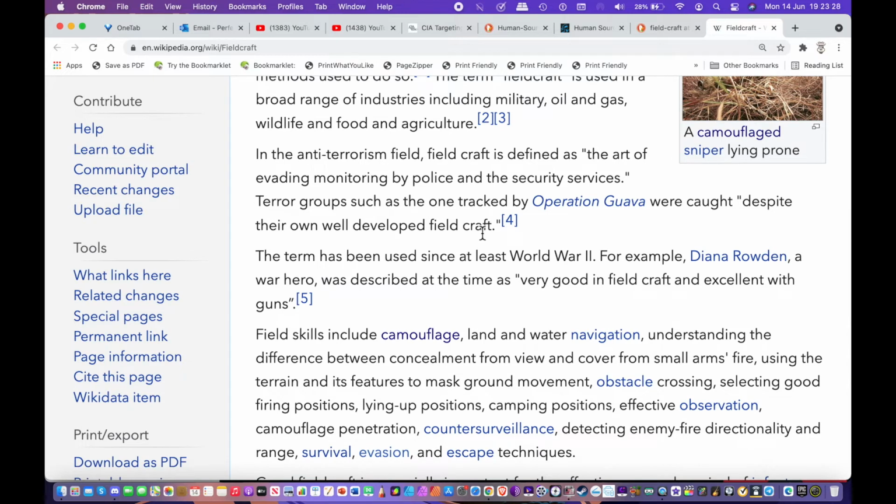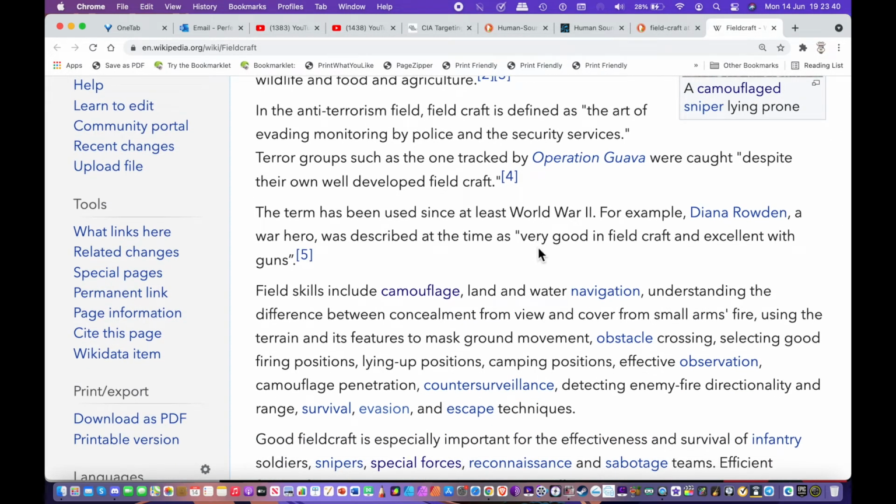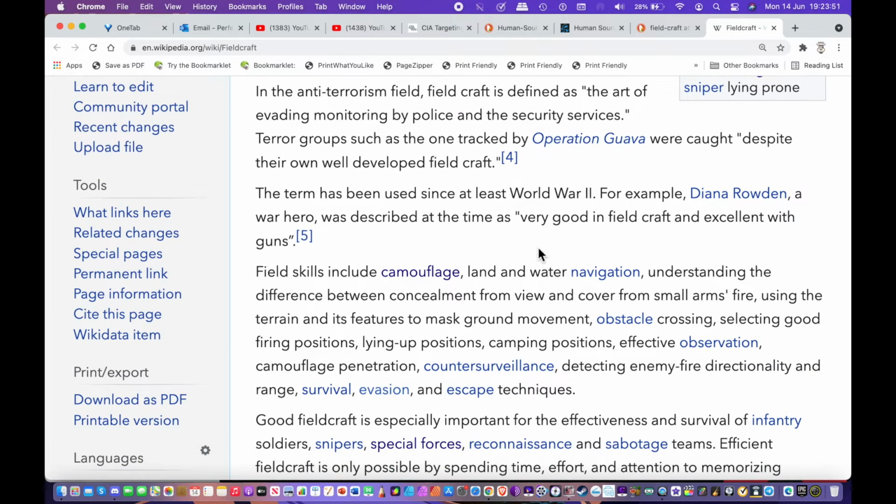Terror groups such as the one tracked by Operation Guevara were caught despite their own well-developed fieldcraft. The term has been used since at least World War II. For example, Diana Roden, a war hero, was described at the time as very good in fieldcraft and excellent with guns.